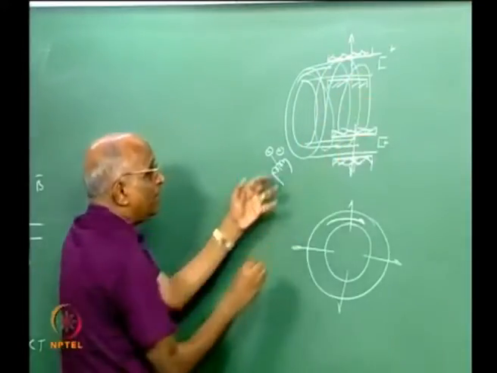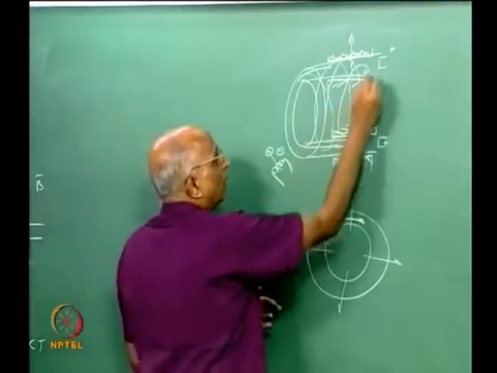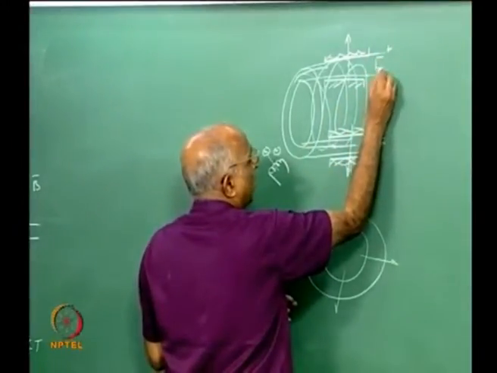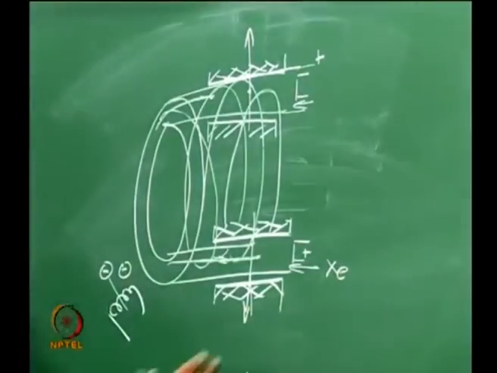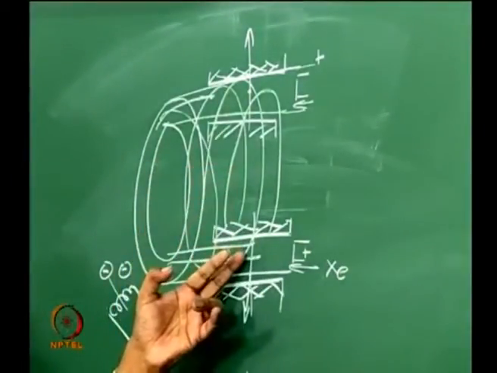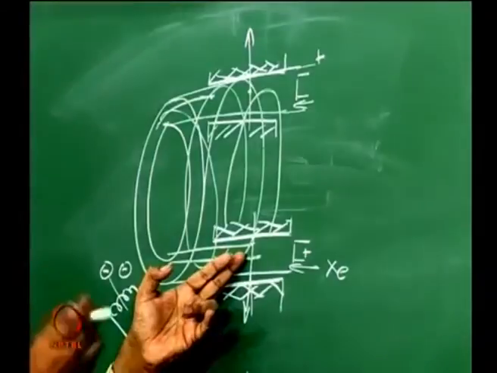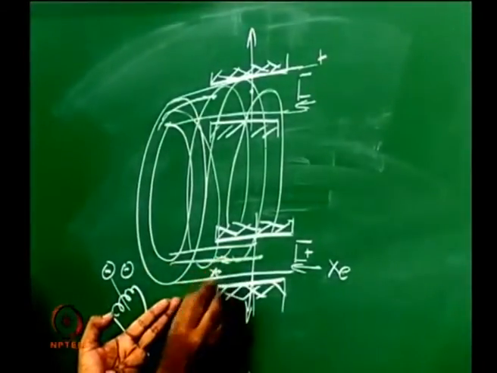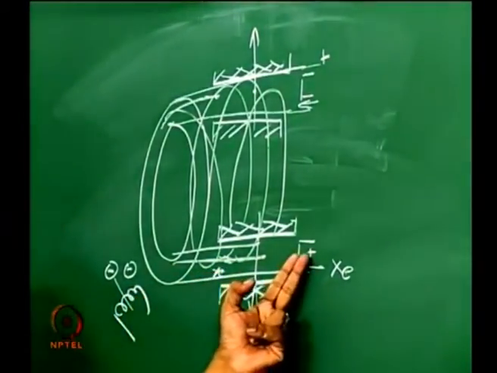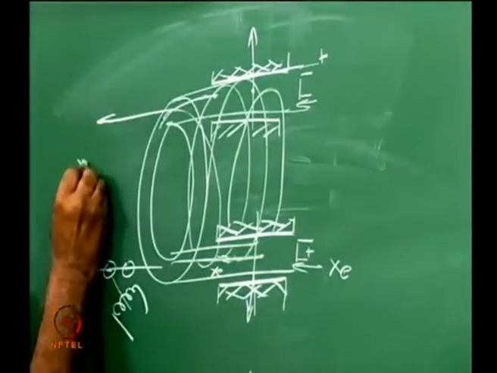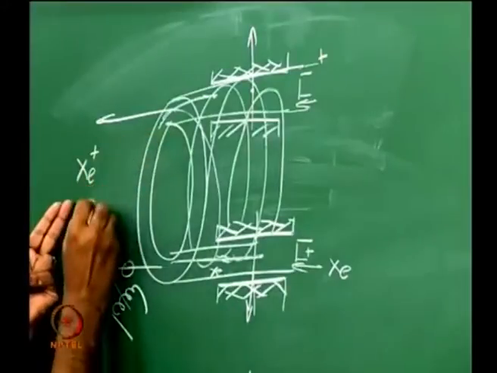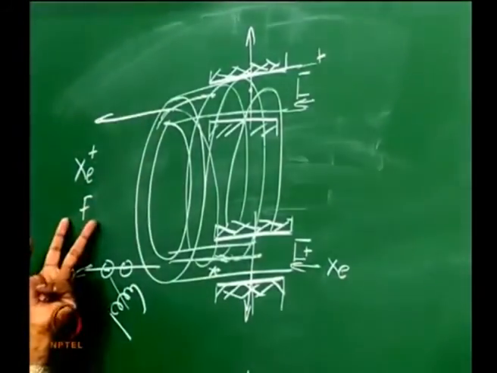When the electrons are spiraling here, through this I admit the xenon gas, and the xenon gas, when it comes into the spiraling electrons, is going to collide and generate positive charges. These positive charges will be pushed by the positive anode, and I get a net flow of xenon positive ions, and this gives me the thrust.